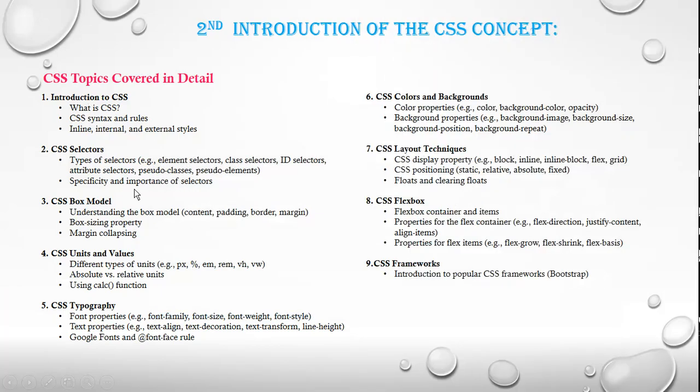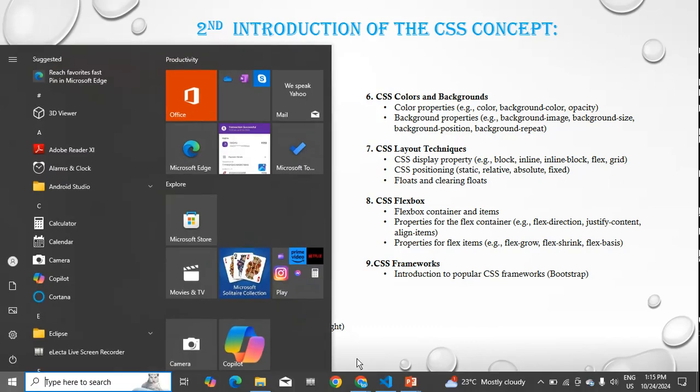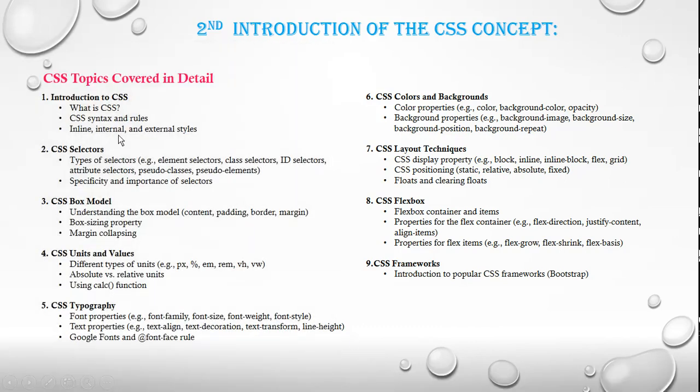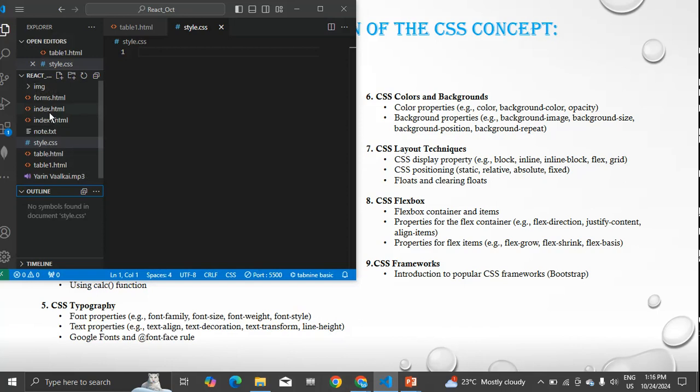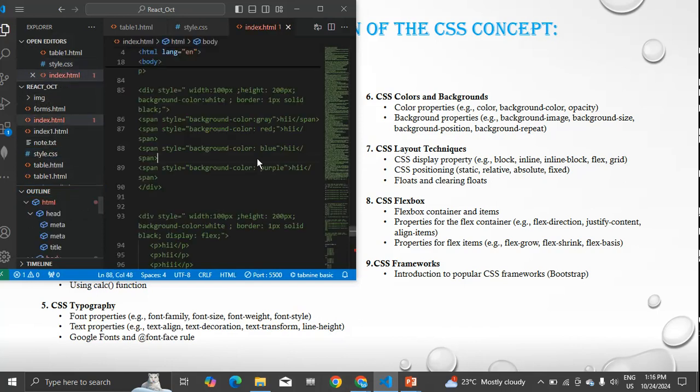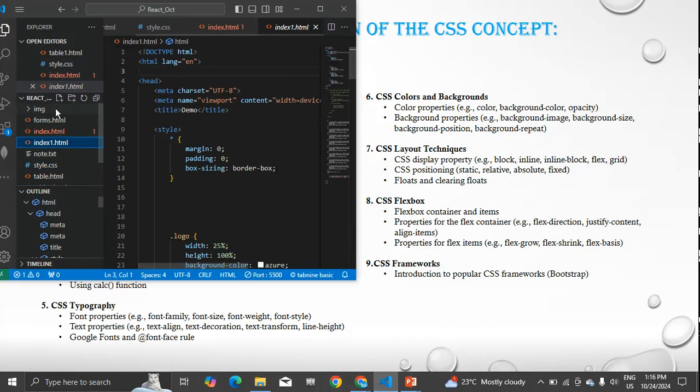I have already told you there are three types: inline, internal and external. For inline and internal you already have some idea. External is also the same, but what you need to do is link it with the HTML file. So how do you link?